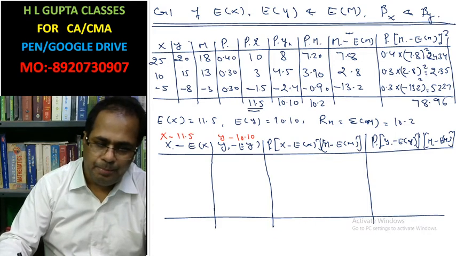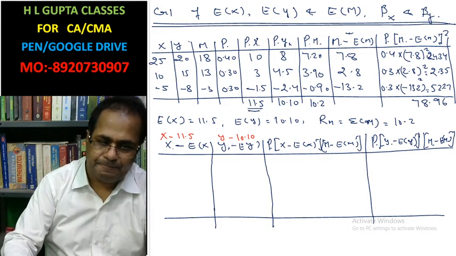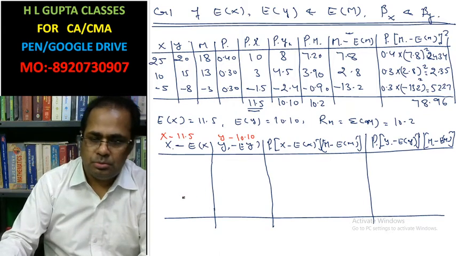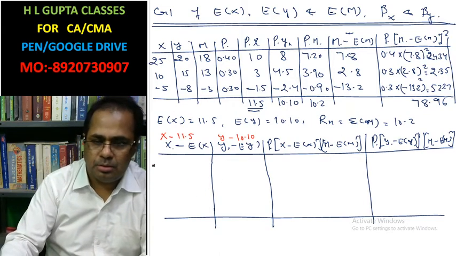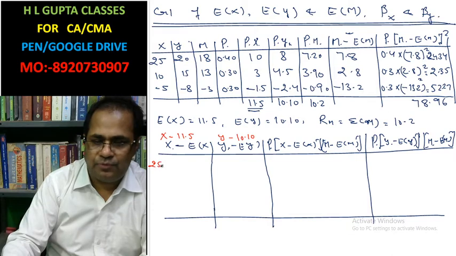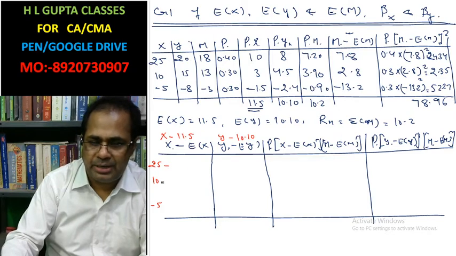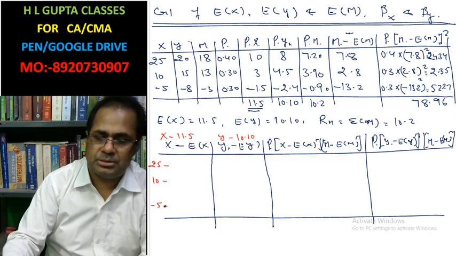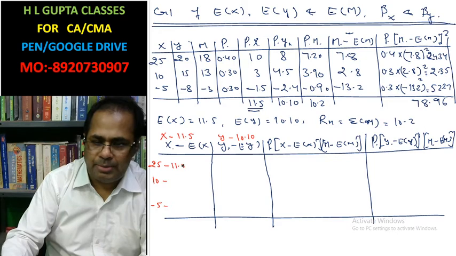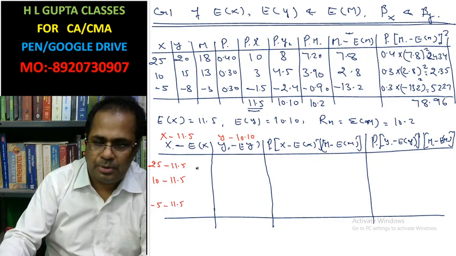Okay, please write this. X 25, 10 minus 5, minus 11.5. What you have? Look at here.